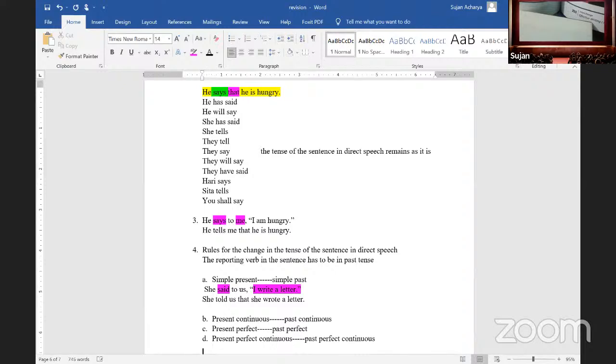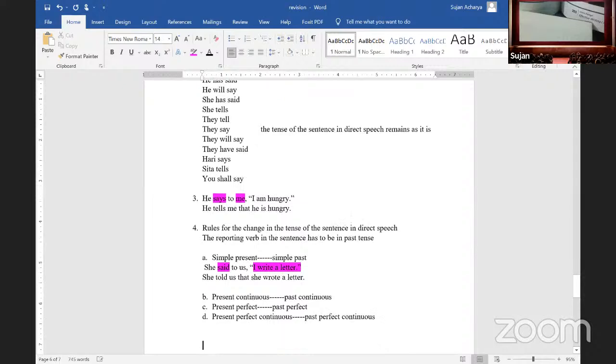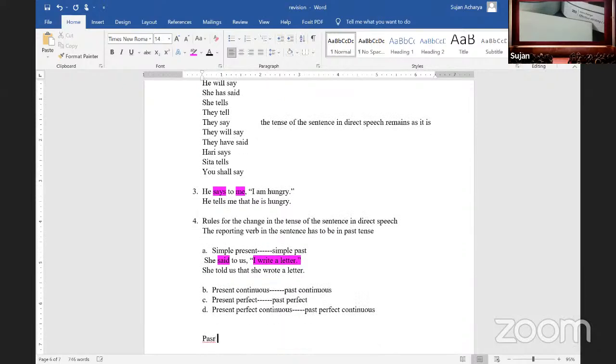This is of present, meaning all the sentences in present tense change into the corresponding past tense. While changing a given sentence from direct to indirect speech, all the sentences that are in present tense get changed into the corresponding past tense. Now, past tense.